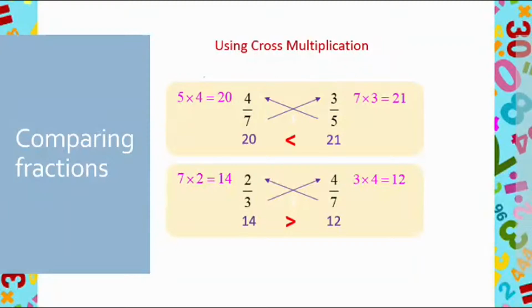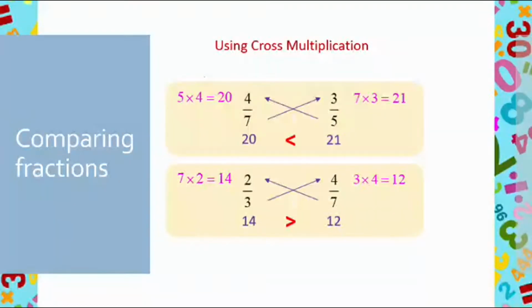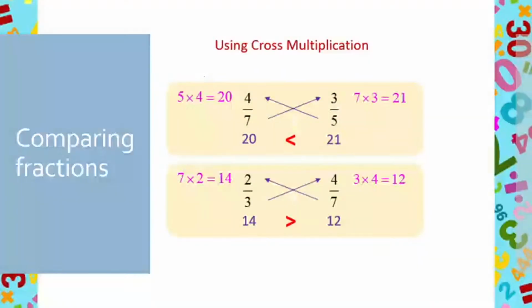Now compare which is the bigger number. Obviously 21 is bigger. That is why the second fraction, 3 upon 5, is the greater fraction, because the latter multiplication was a greater number.